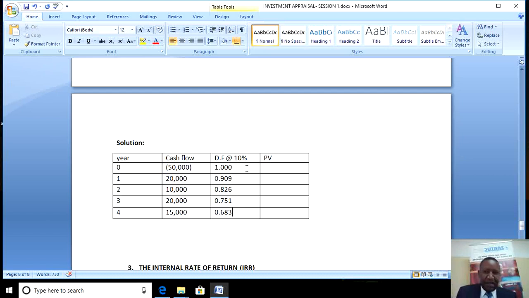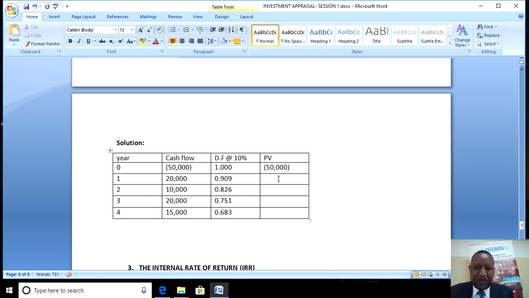So multiplying the cash flow by the discounting factor, you should get 50,000 cash outflow. That is going to be compared with the cash inflow.